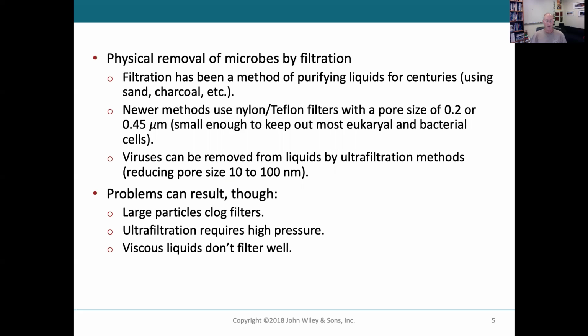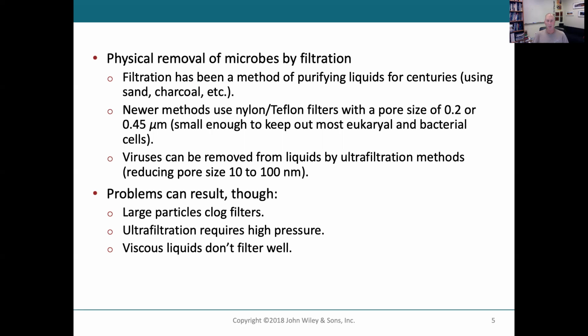But it's generally not a satisfactory method for what we're trying to do right now. I should point out that this filtration can also be used for removing larger particulates that are contaminating water. So sediments, you know, dirt, soil particles, etc. So that's another reason why filtration's been around for a long time.